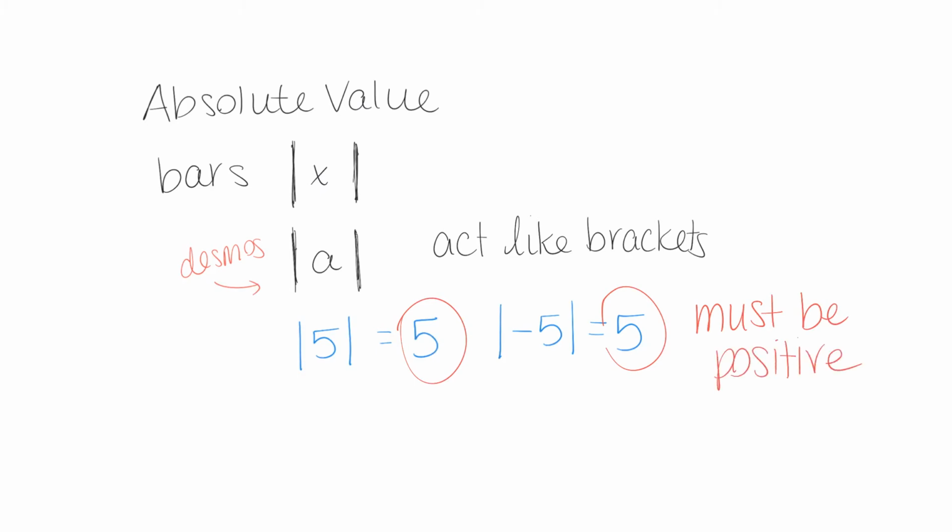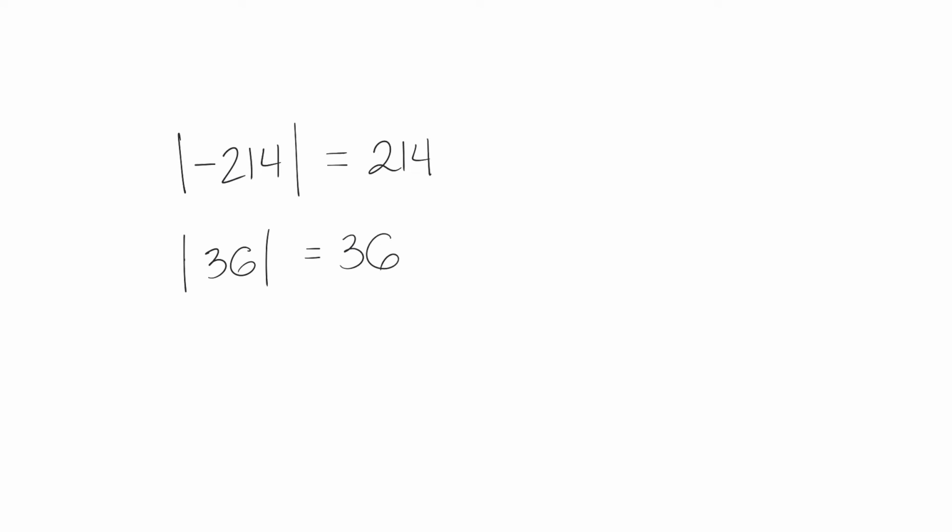All right, so the absolute value of anything has to be positive. Let's look at a couple more examples. What if I want to know the absolute value of -214? Well, it's 214. And the absolute value of 36 is 36. And the absolute value of -87 is 87. Okay, so that's pretty straightforward.